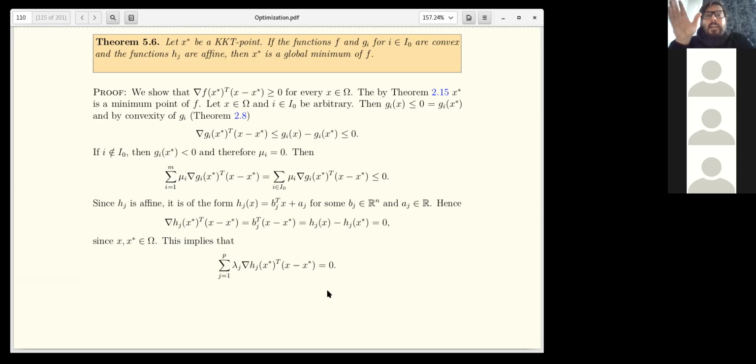And from the fact that f is convex and continuously differentiable, this will prove that, in fact, the function will increase. We don't know exactly how much it will increase, but it will not decrease in that direction.